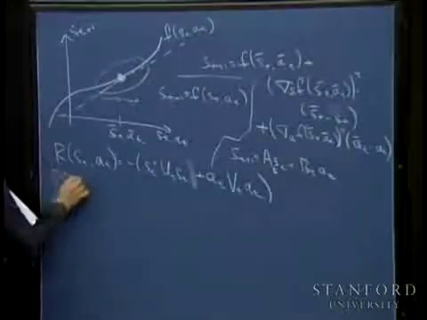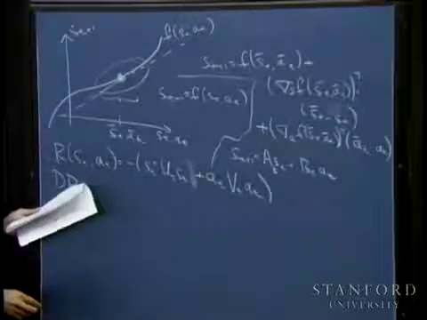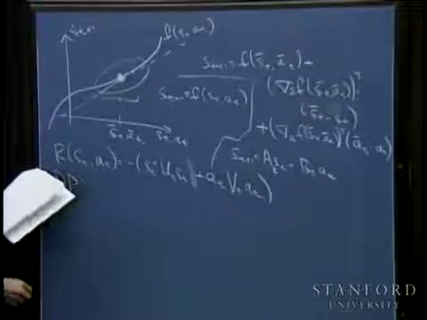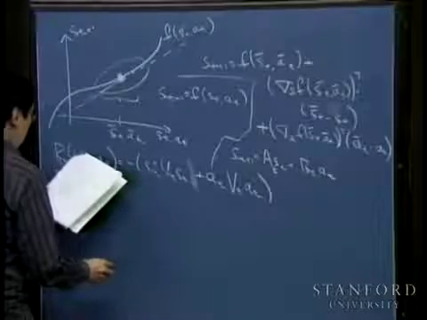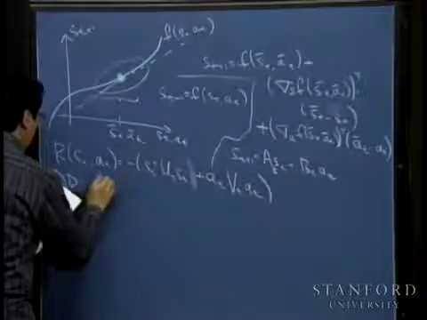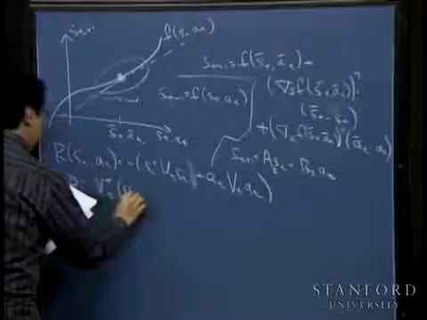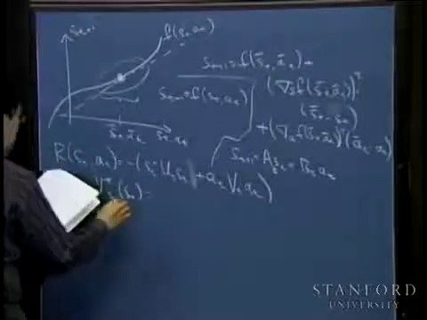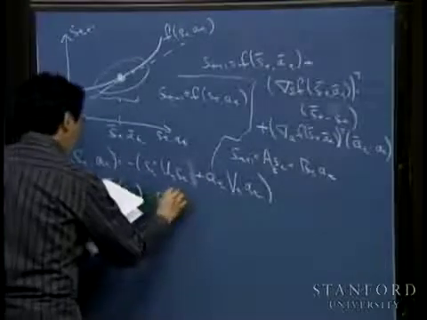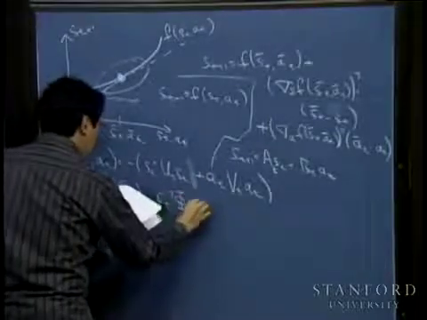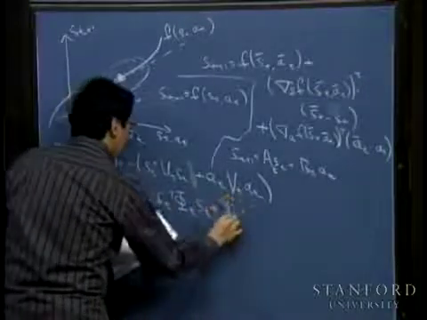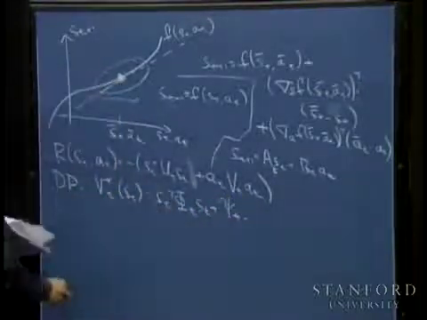And if you take exactly the dynamic programming algorithm that I've written down just now, it turns out the value function for every time step will be a quadratic function of the state. It can be written like that.